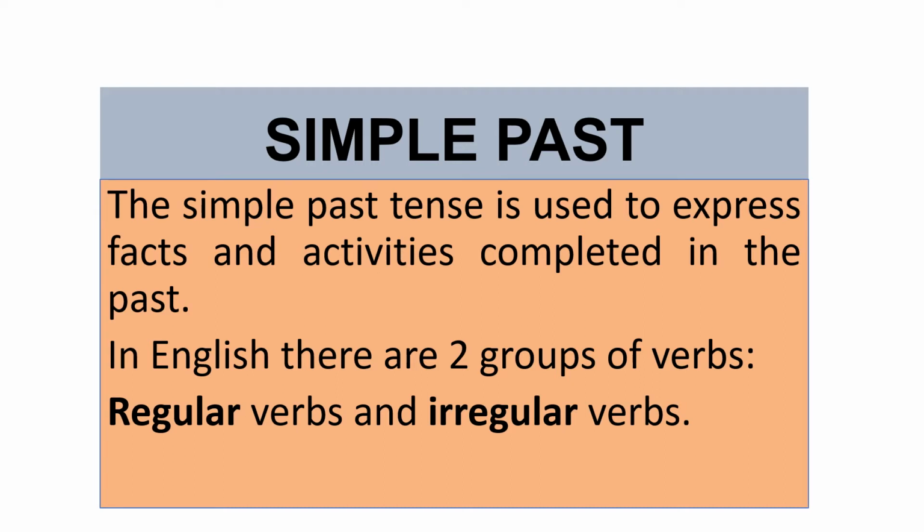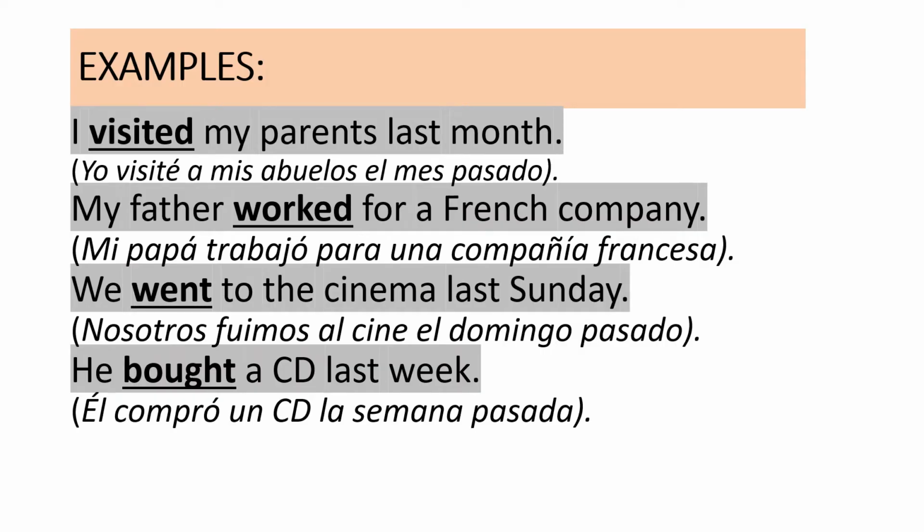Simple past. The simple past tense is used to express facts and activities completed in the past. In English, there are two groups of verbs, regular verbs and irregular verbs. Examples. I visited my parents last month.